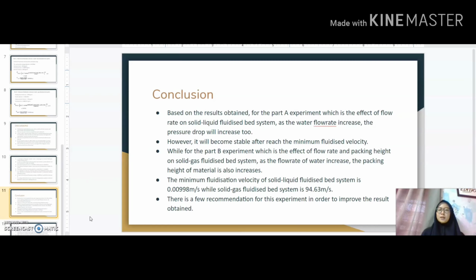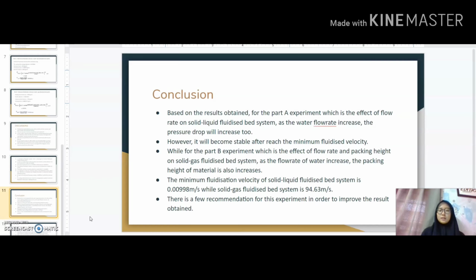For the part B experiment, which is the effect of flow rate and packing height on the solid gas fluidized bed system, as the flow rate increases, the packing height of the material also increases. The minimum fluidization velocity of the solid liquid fluidized bed system is 0.00998 meter per second, while the solid gas fluidized bed system is 94.63 meter per second.